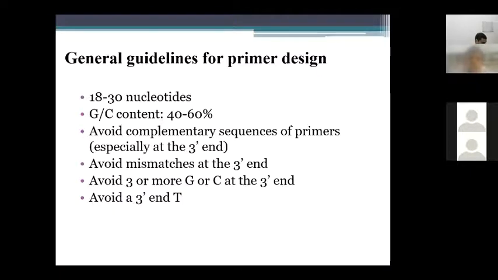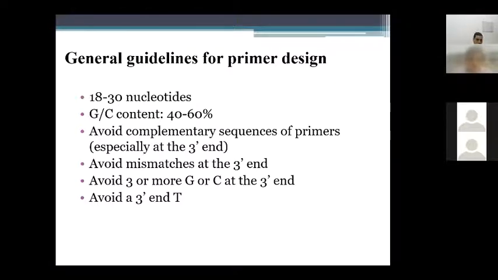So for designing a primer, you must understand the different factors which influence the overall result. The primer must be between 18 to 30 nucleotides for the target region. And during the designing of the primer, you must design it in such a way that it does not amplify the DNA present due to contamination of the DNA.